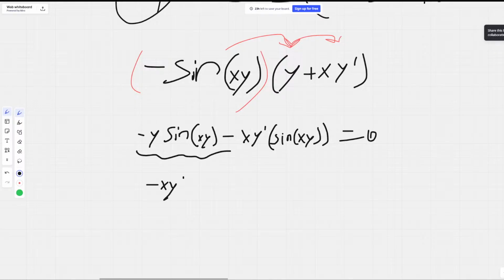Negative x, y prime sine x, y equals positive sine y sine x, y.